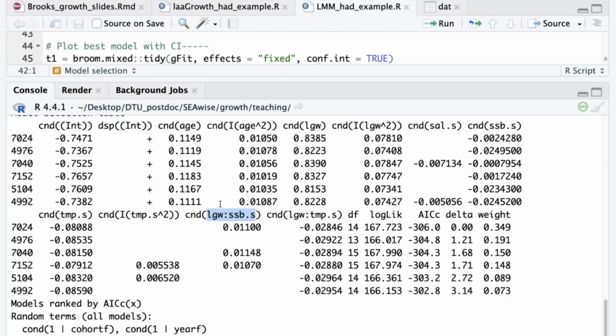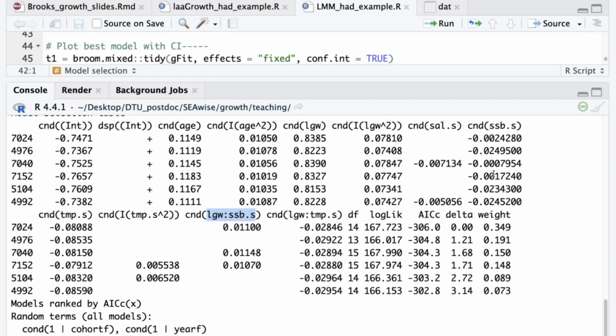For a higher weight individual, maybe SSB is not that bad. The smaller individuals are suffering more from SSB. And the plots, like I showed you in the example, would make it easier to see this rather than just interpreting the coefficients.